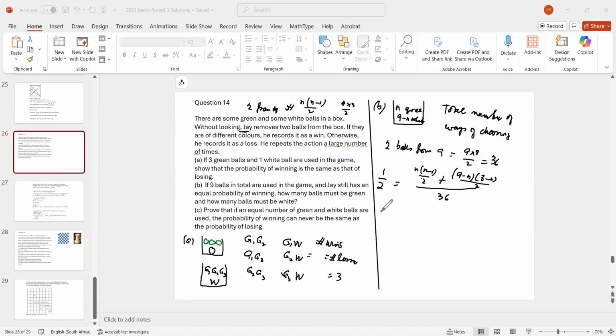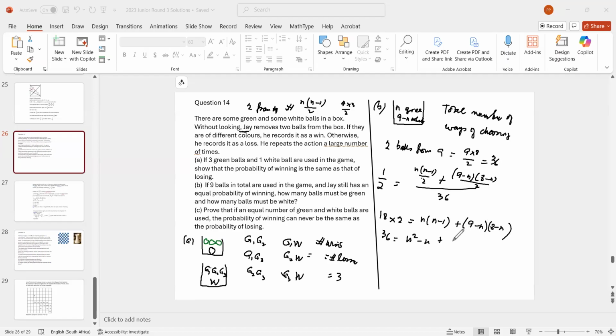36 over 2 is 18, and that's the numerator. Let me multiply that by 2, and that gives you n into n minus 1 plus 9 minus n into 8 minus n equals 36. Okay, and now you can work this thing out. Here is n squared minus n.